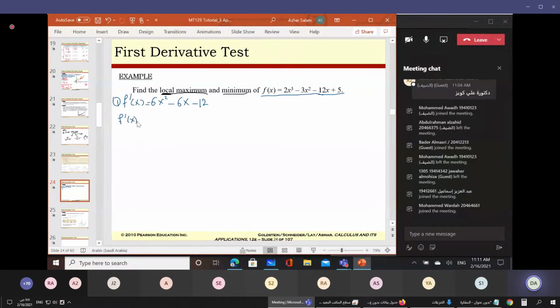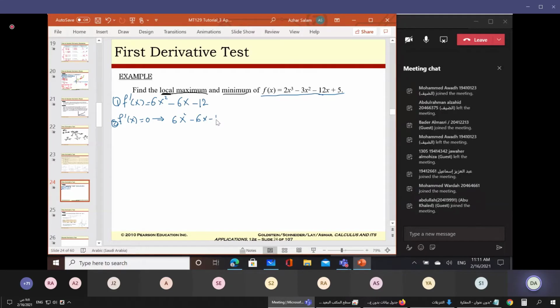F dash of x equals 0. This is the second step, means that I will solve this equation: 6x squared minus 6x minus 12 equals 0. I can simplify here. Divide by 6. I have x squared minus x minus 2 equals 0.